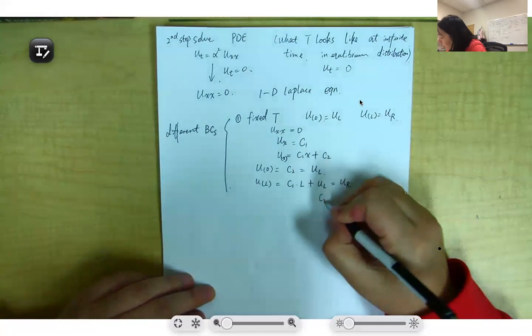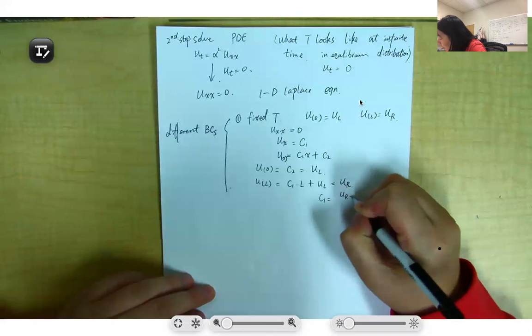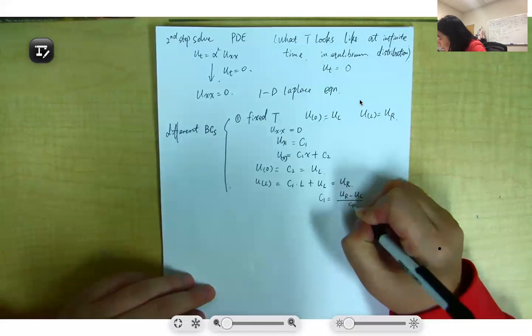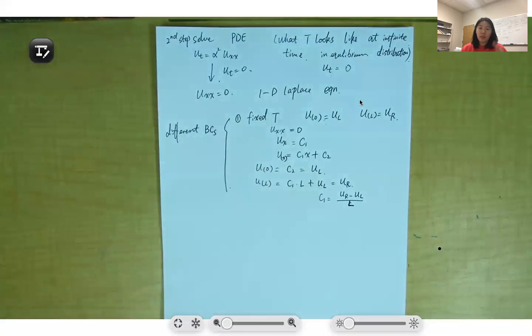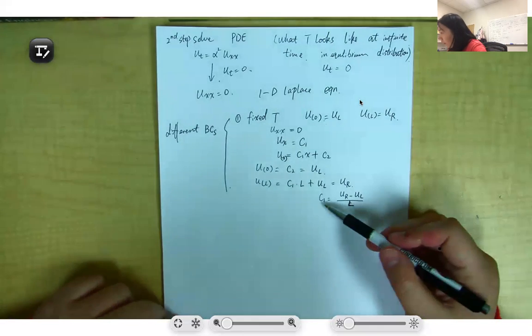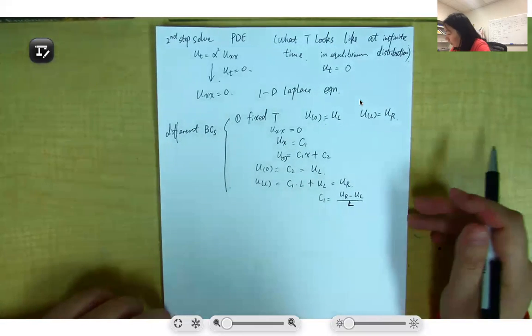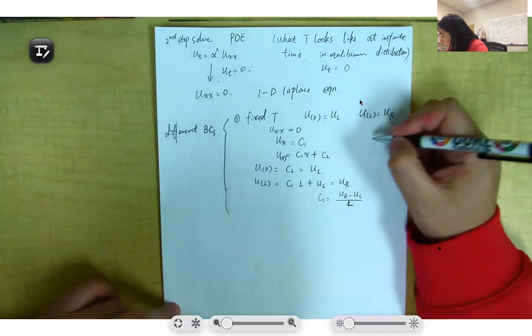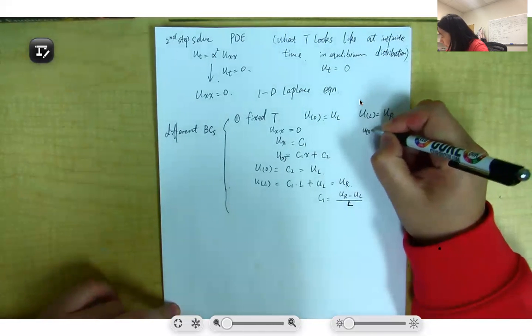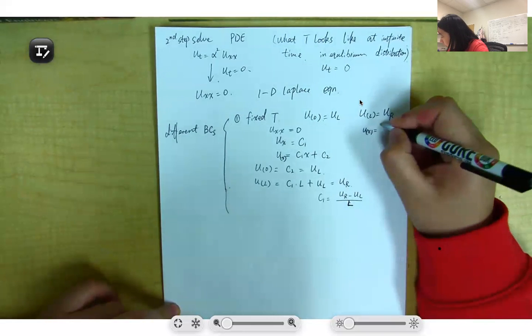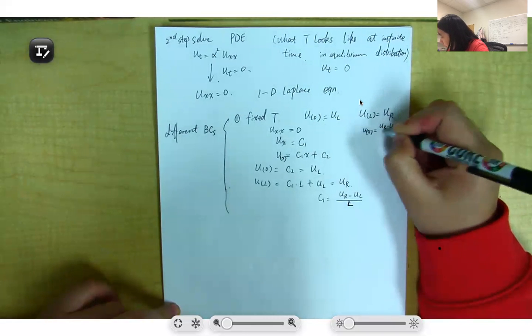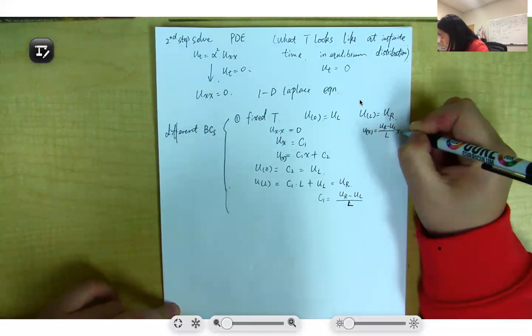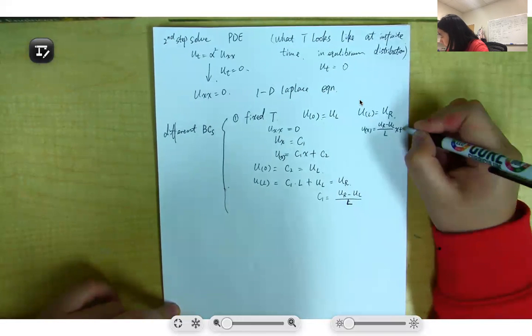So my C1 will be equal to UR minus UL divided by L. So the temperature difference between the left-hand side and the right-hand side divided by L is the constant C1.